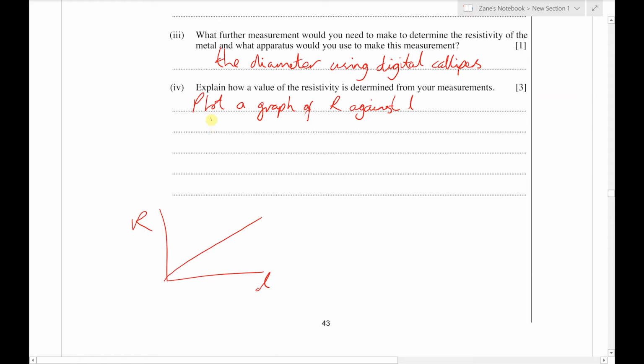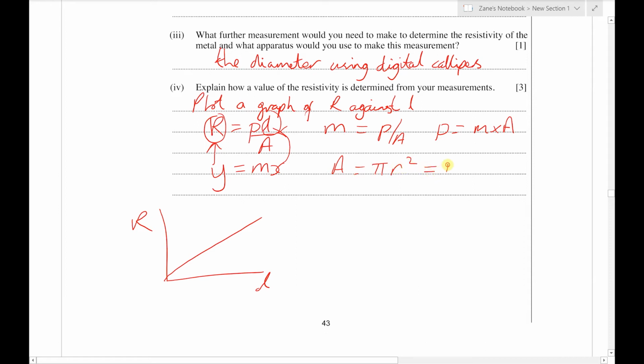Now if we compare the formula R equals rho L over A, given in our data books, to the formula for a straight line through the origin, y equals mx, you can see that we've got resistance on the y-axis, length on the x-axis, so the gradient is going to be rho over A, and hence rho will be the gradient multiplied by A. And A is determined by pi r squared, but remember that we've measured a diameter, so it's pi times half of the diameter squared, or if you prefer, pi d squared over 4.